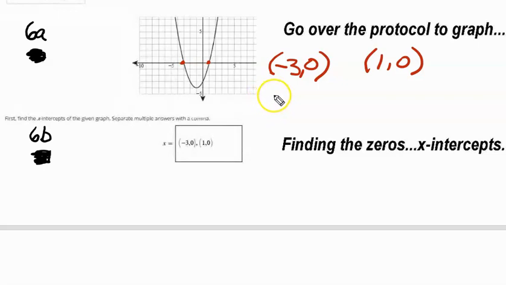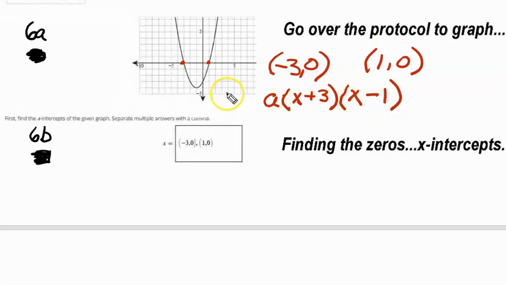This would look like a times, in parentheses, x plus 3, since this would have been a positive 3 here, and this one would have been a negative 1 to get a positive 1 for the answer, so x minus 1.